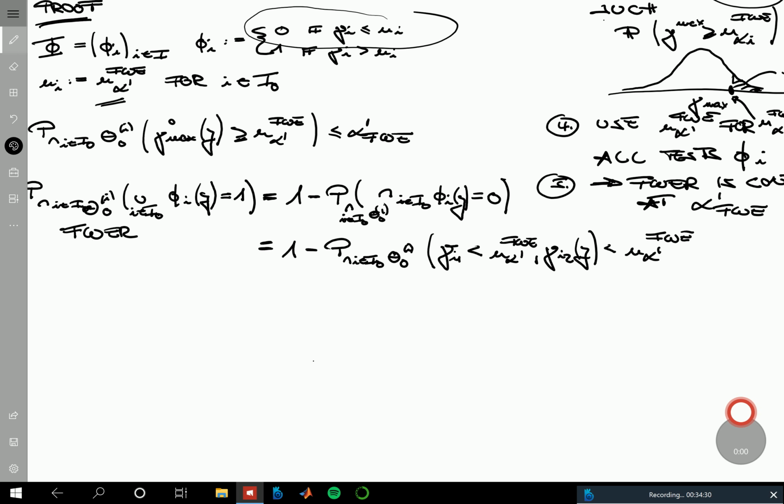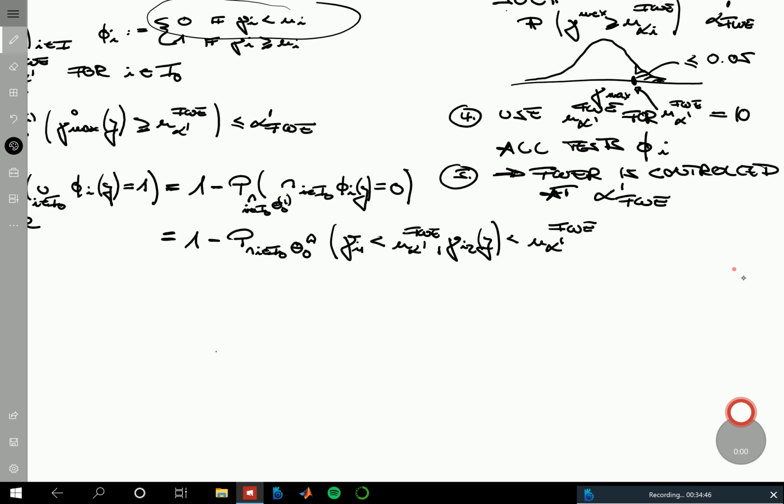The test is defined to come out 0 if, no, then I should make it strict here, to come out 0 if the test statistic is smaller than the critical value, and we defined the critical value to be the same for all tests. So all test statistics come out smaller than this critical value.